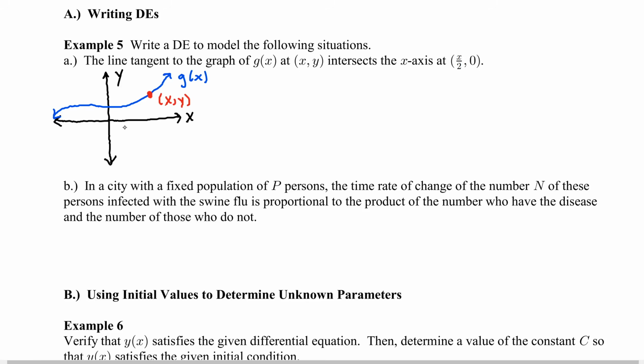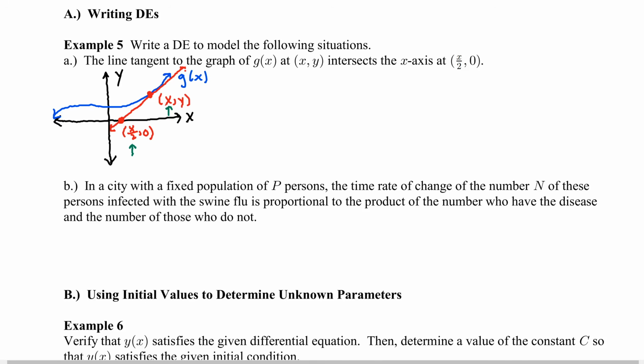We're looking for the tangent line through this point that intersects the x-axis at (x over 2, 0). That is, the x-coordinate of the x-intercept of the tangent line is exactly half of the x-coordinate where the tangent line meets the curve. So our goal is to write a differential equation to model this situation.